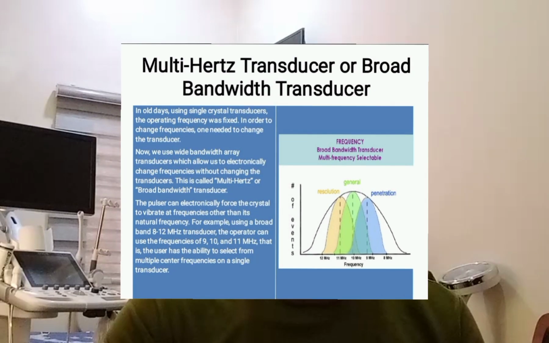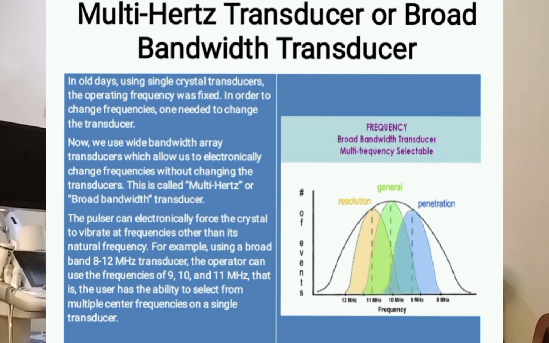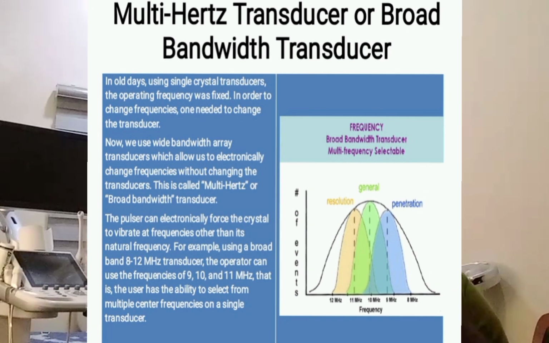This image shows you a multi-hertz transducer, or what we call the broad bandwidth transducer. Remember, in the old days, using a single crystal transducer, the operating frequency was fixed. So in order to change the frequency, one would need to change the transducer.